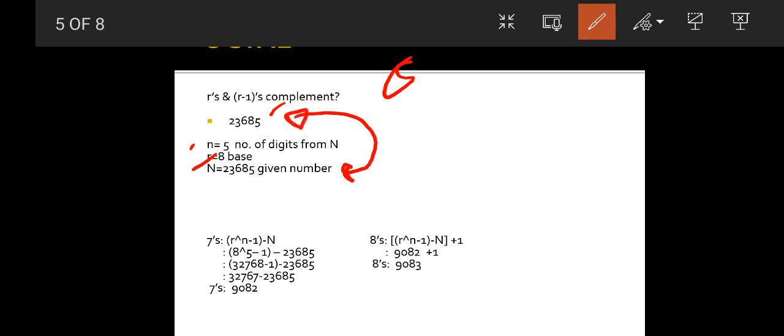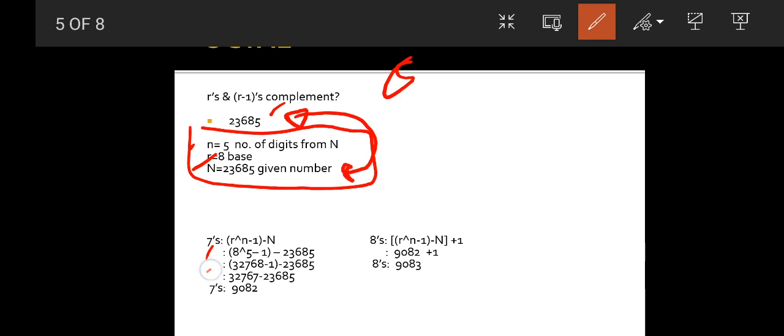So again, after that, you can now get the diminished radix complement value for your octal, since these are given values. So all you have to do is substitute. Your base is 8 raised to the power of 5, which is your n, minus 1, minus 23685.